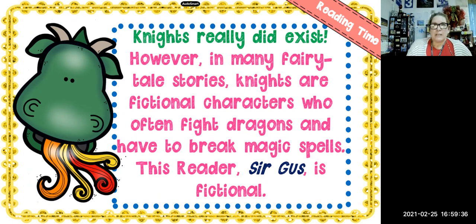And knights really did exist. However, in many fairy tale stories that we read, knights are fictional characters who often fight dragons and have to break magic spells. And in this reader, Sir Gus, he is fictional, okay? So knights really did exist, but they're not real in our story today.